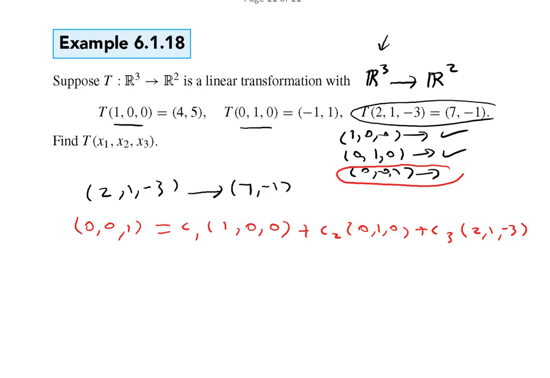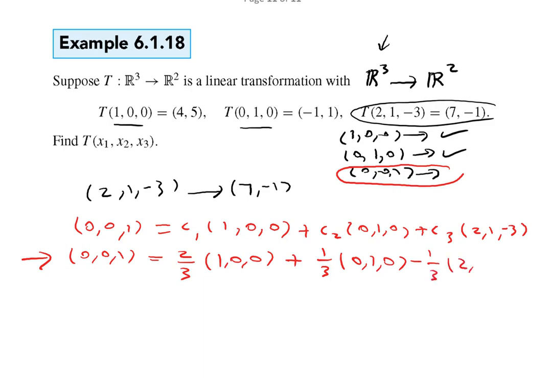Meaning 0, 0, 1 is 2/3 times 1, 0, 0, and we have 1/3 times 0, 1, 0, and we have minus 1/3 times 2, 1, negative 3. Of course, you can test it and see if that is true.